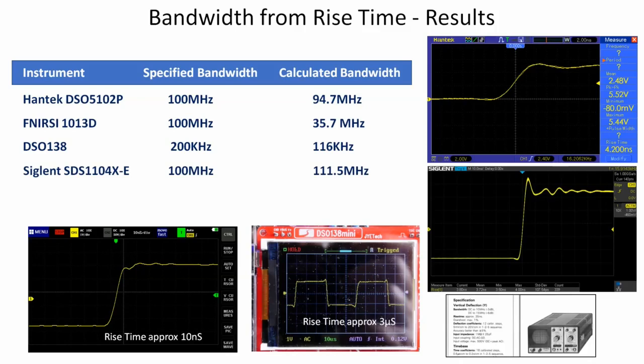But what I did do was I had a look at the bandwidth specification for the scope, which is supposed to be 10 megahertz, and the rise time it says is approximately 35 nanoseconds. And if you put 35 nanoseconds into the calculation, it gives you 10.01 megahertz.